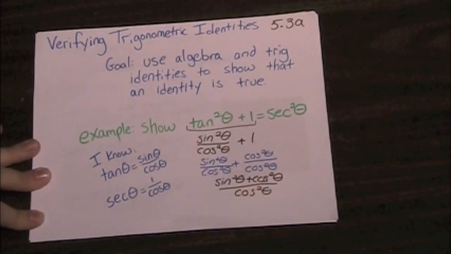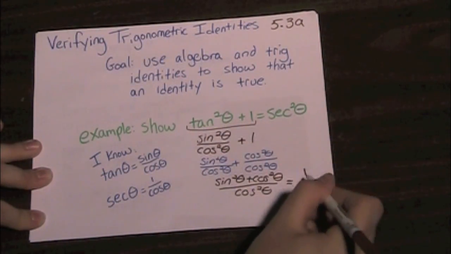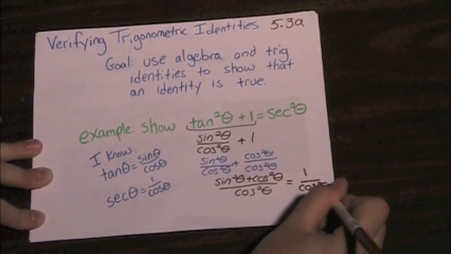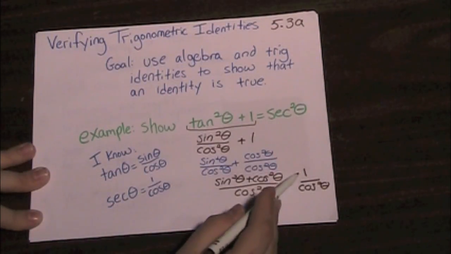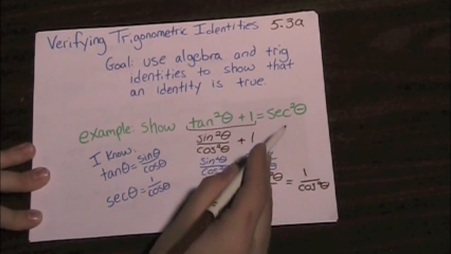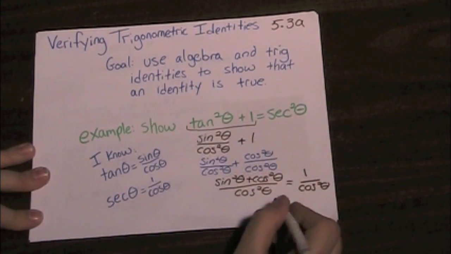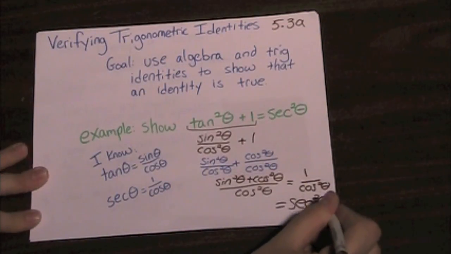I know sine squared of theta plus cosine squared of theta equals 1, and I'm stuck with my cosine squared of theta at the bottom. I also know that 1 over cosine is the same thing as saying secant. So 1 over cosine squared of theta equals secant squared of theta.